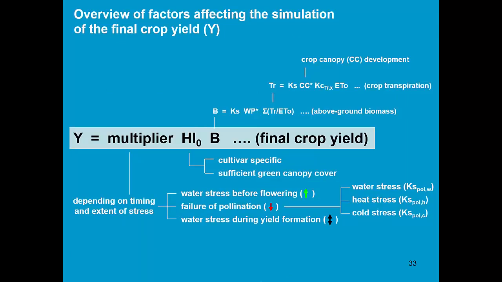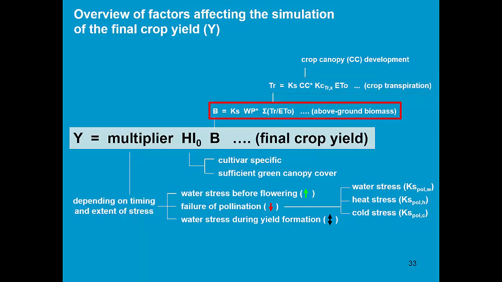This slide gives an overview of all the factors affecting the simulation of the final crop yield. In step number 1, crop canopy development was simulated. The crop coefficient governing transpiration is proportional to the canopy cover. Hence, in step 2, crop transpiration could be calculated.